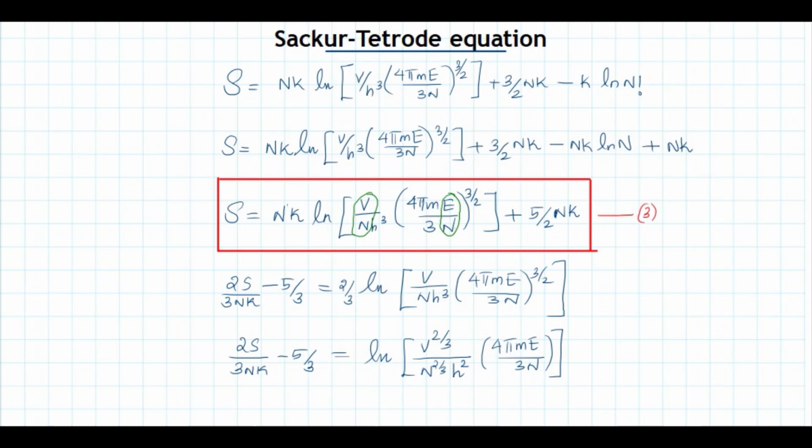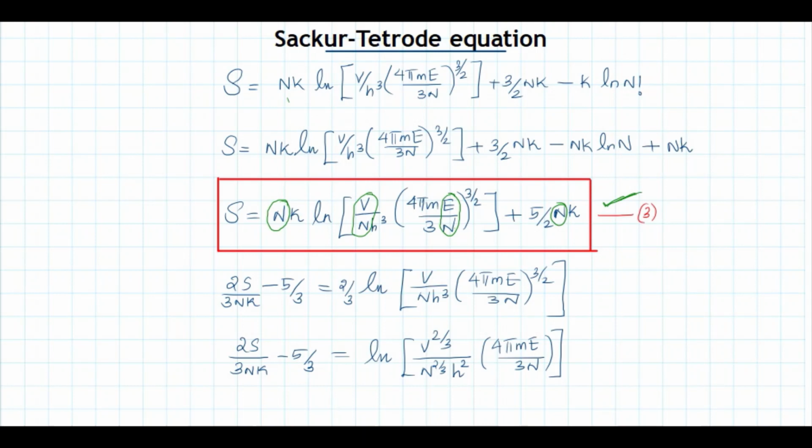So all the terms inside the logarithm are intensive properties. When you increase the size of the system, this n becomes alpha times n and this n becomes alpha times n, so you can take alpha as common. So this entropy will also increase by a factor of alpha. So this expression, equation number 3 for entropy, gives entropy as an extensive quantity.